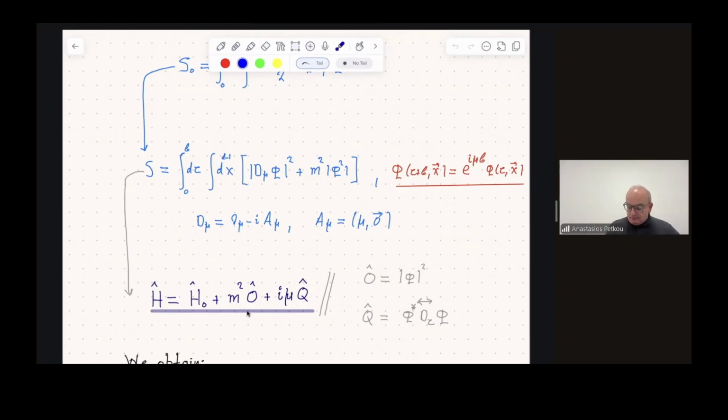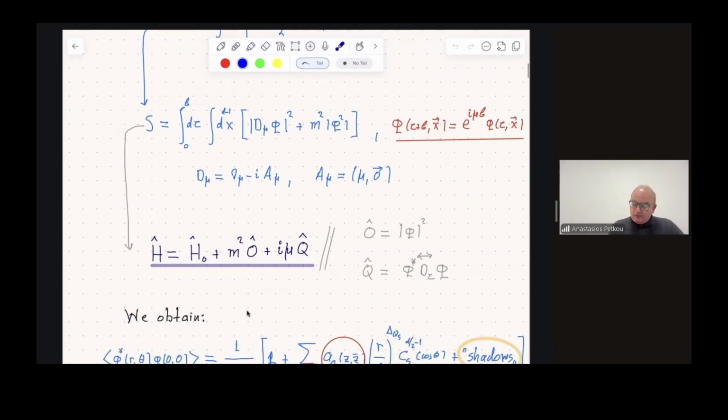One thing that you can notice is you can do a Hamiltonian analysis. You can find the usual Hamiltonian, which I will write in this form. So it's a free Hamiltonian H0, which is deformed by a mass and a so-called imaginary chemical potential. You can think about it in this way.